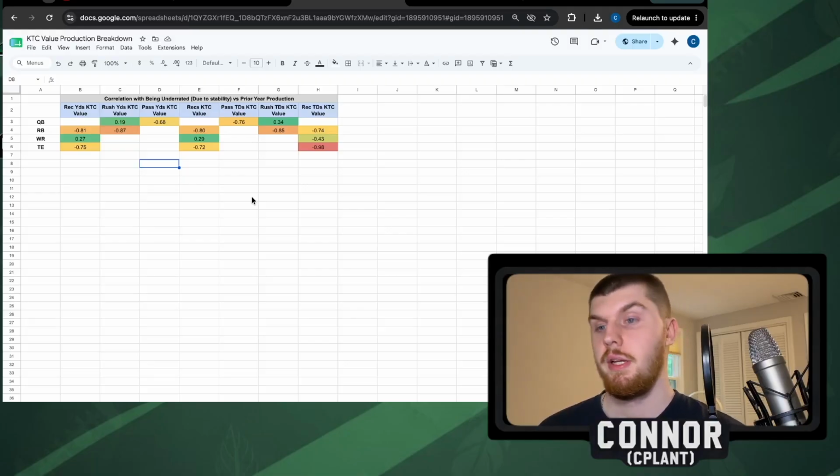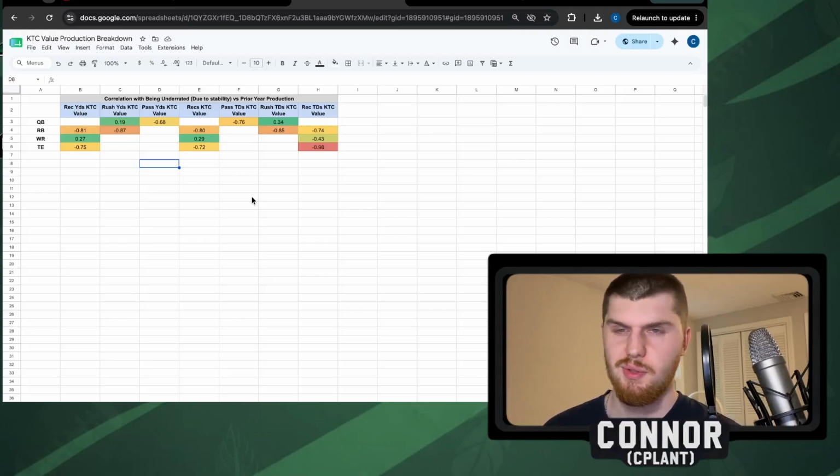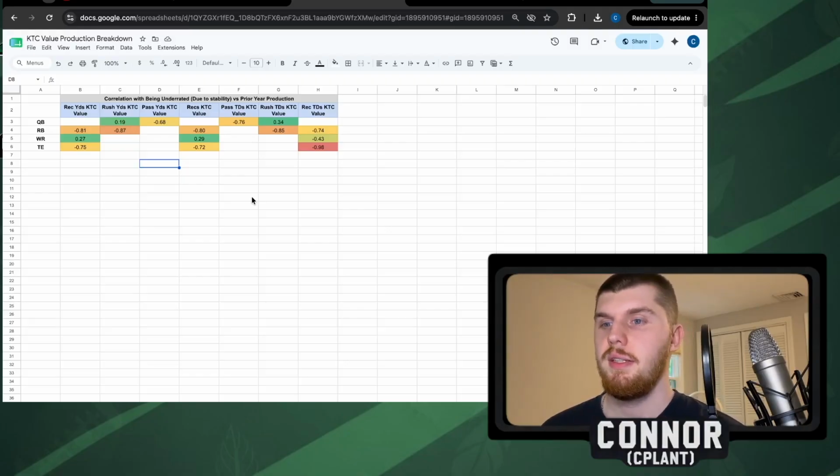And so if you're looking for, in this case, cheaper fantasy points, it seems like it could be found in receivers in general and in rushing quarterbacks. Who would have thought the receiver thing, though?